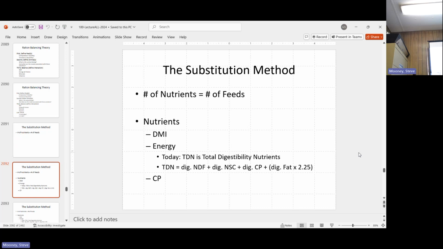TDN is the sum of the amount of digestible NDF, the digestible starch and sugar, the digestible crude protein, and then the fat times 2 1/4. Why do I multiply the fat by 2 1/4? We discussed that yet?